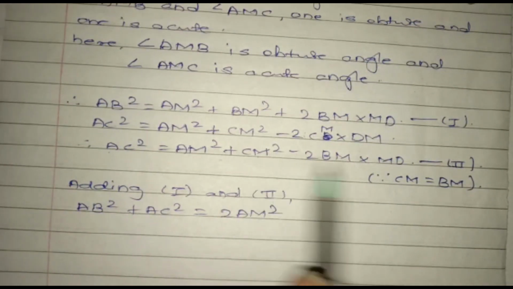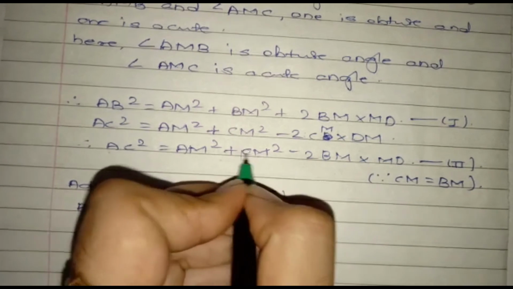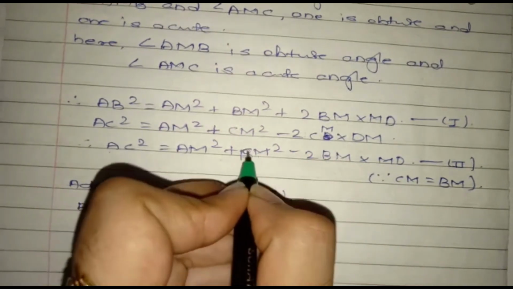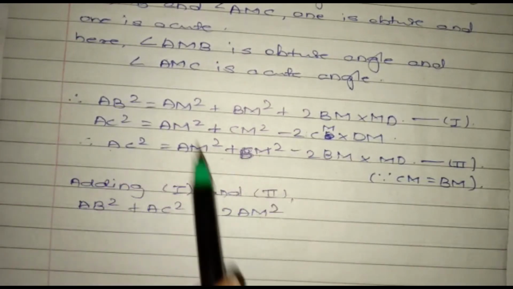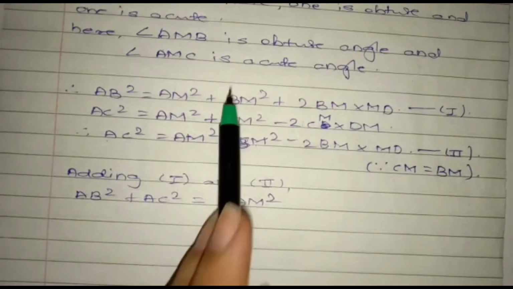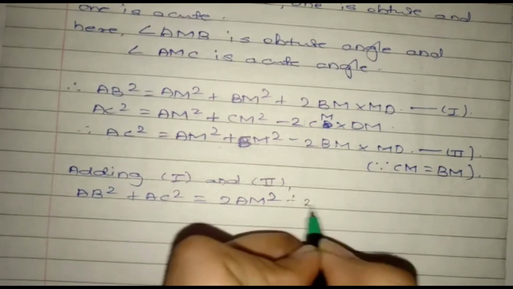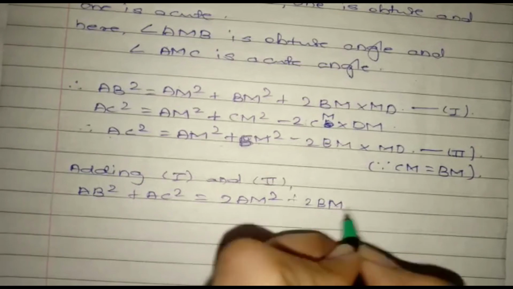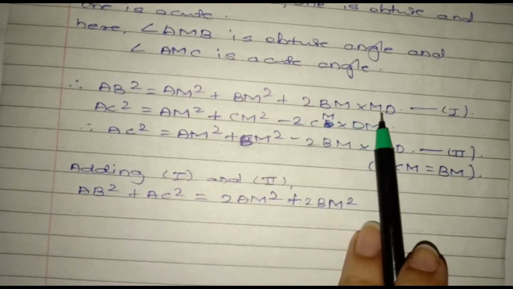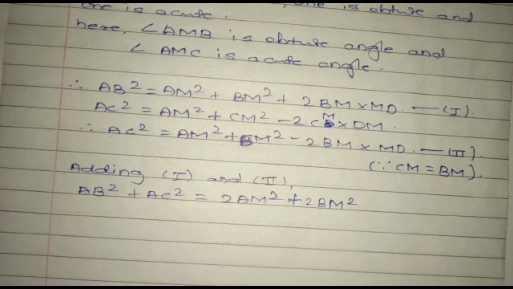No, here I forgot to substitute CM as BM. Here I substituted CM as BM and here I forgot. So this is BM square. So AM square plus AM square is 2AM square plus BM square plus BM square is 2BM square, and this plus 2BM into MD and minus 2BM into MD will get cancelled.